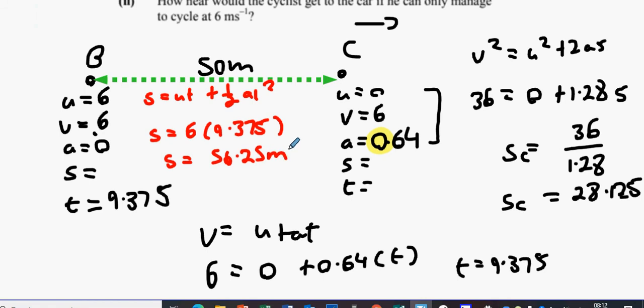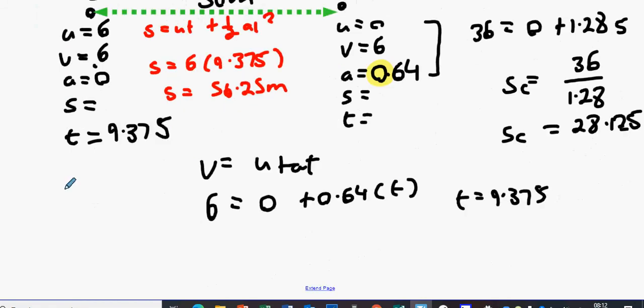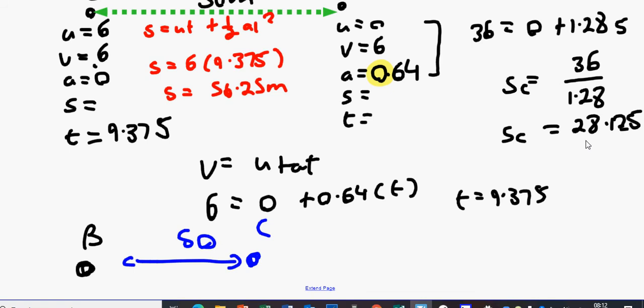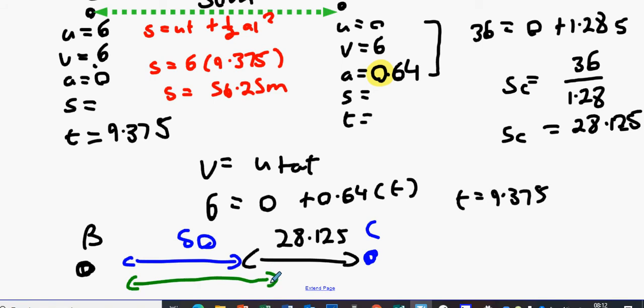Now, remember the picture, okay? Bike, car, 50 meters. Car then moves another 28.125. There goes the car. Now you're at 78.125. And then your bike travels a distance of 56.25.